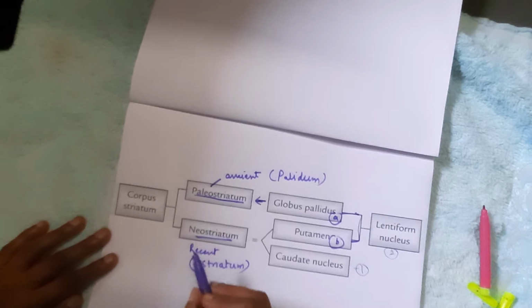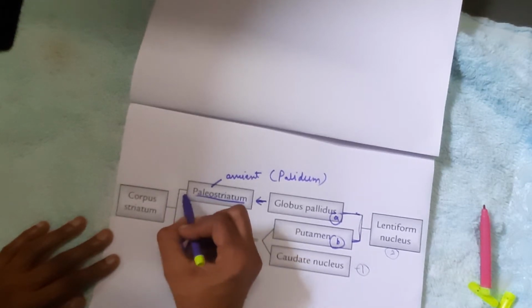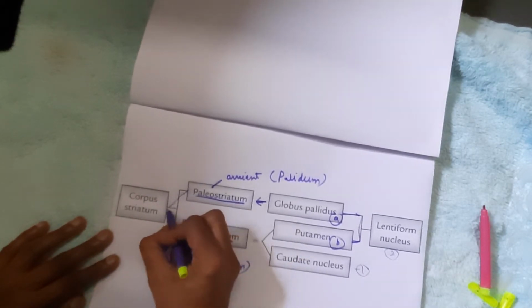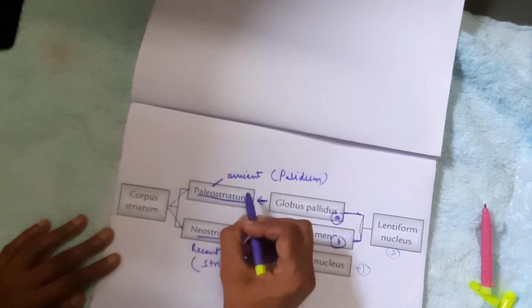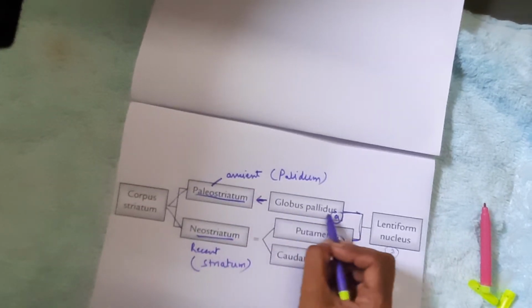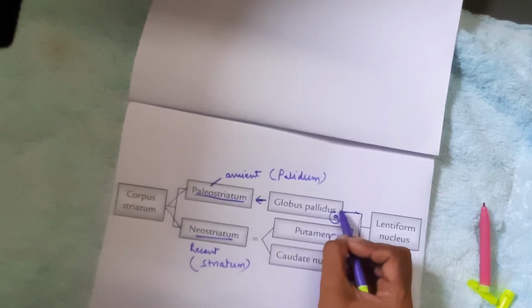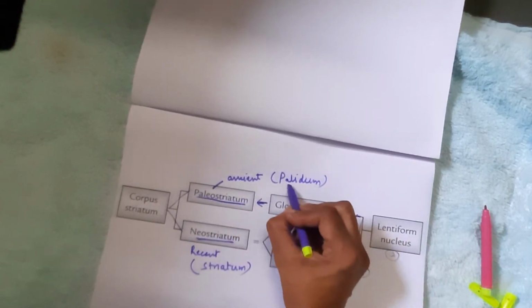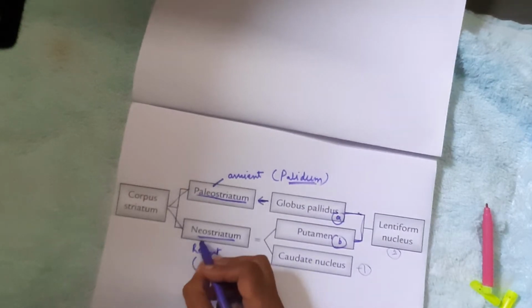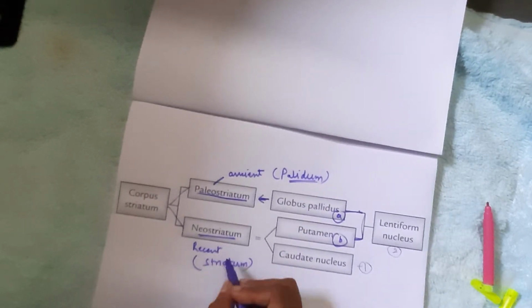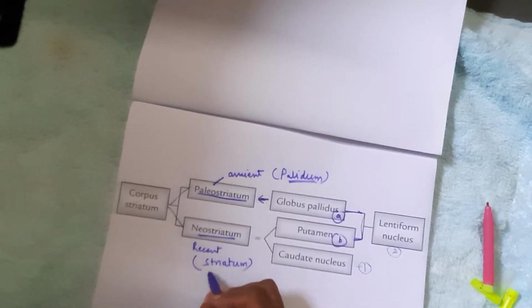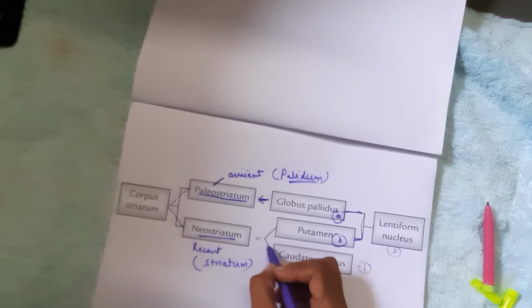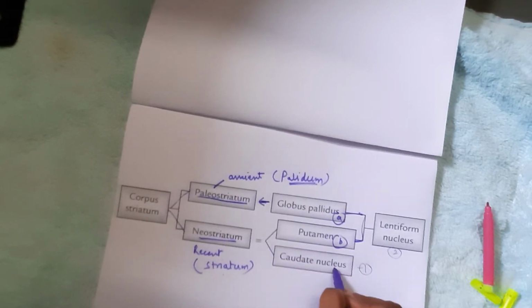The corpus striatum consists of two parts: paleostriatum and neostriatum. Paleostriatum means ancient, which consists of globus pallidus. It is paler in color, and in short we can also say pallidum. Neostriatum is a recent one. In short, it can be known as the striatum, and it consists of two parts: putamen and caudate nucleus.